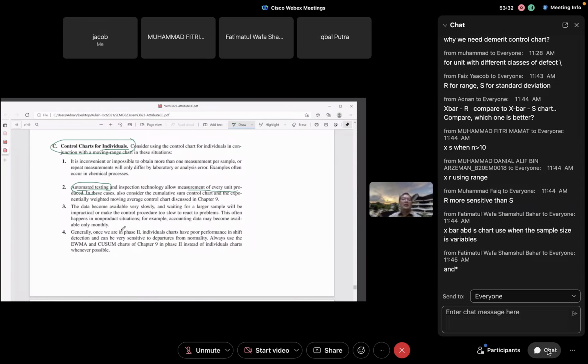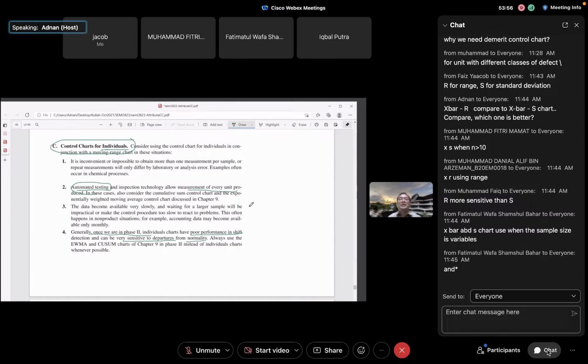Generally, once we are in phase 2, the individual chart has poor performance. If the shift is small, it detects poorly, and it is very sensitive to the normality assumption.